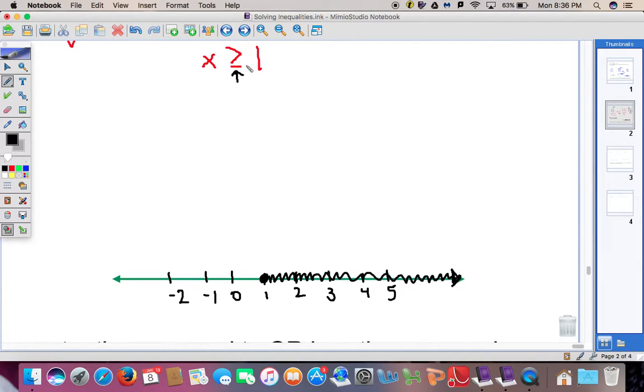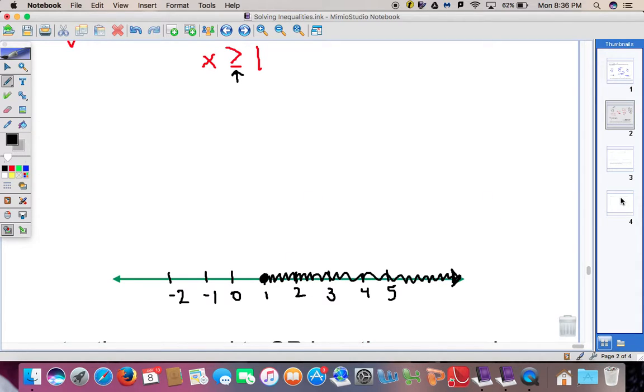So x is greater than or equal to 1. Well, 1 is equal to 1, so that works. And 2 is greater than 1, so that works. And 3 is greater than 1, so that works as well. Okay, but if I wanted to really check this, I would just simply substitute these into the original problem.